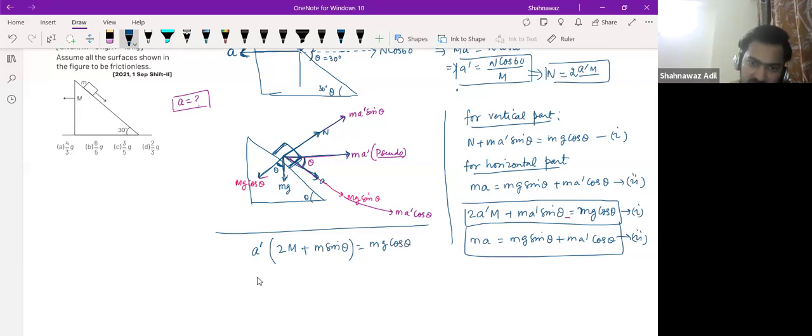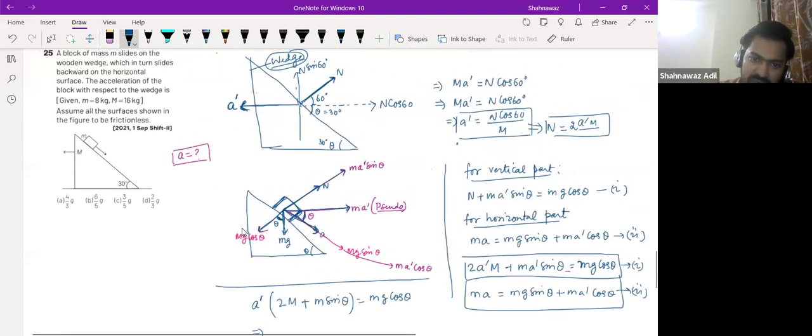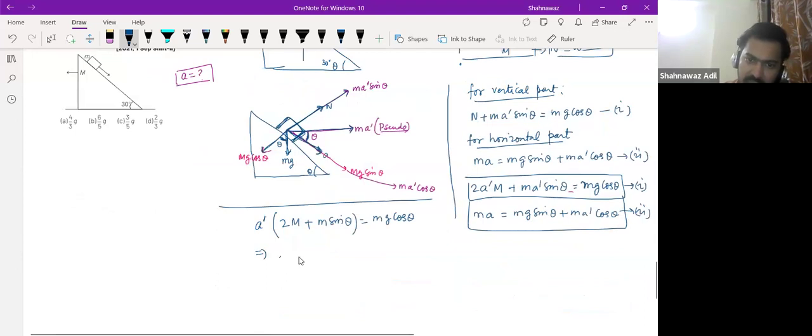So how much is this thing? 2m, which is 2 into 16. Right, so mg cos theta divided by 2 into 16 plus this is what, 8, and sine theta, sine 30 is half. So this is the thing. So how much is this thing?